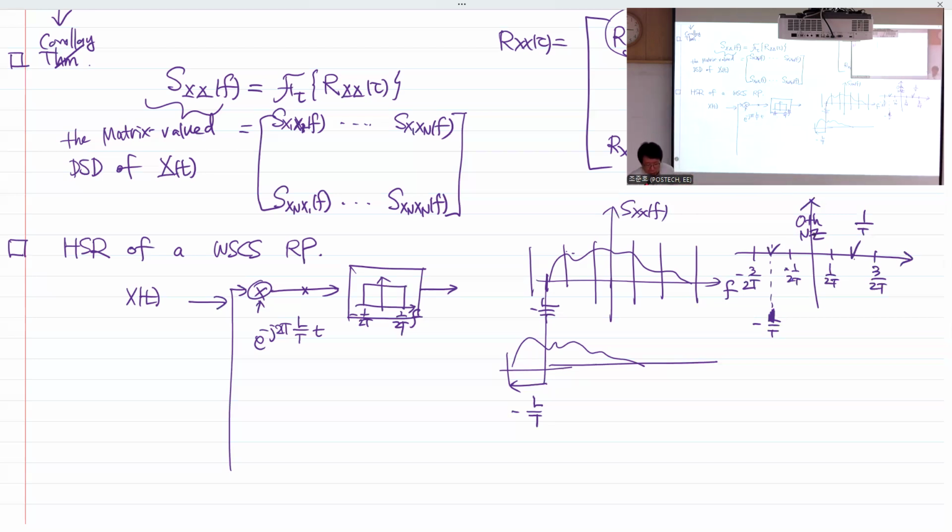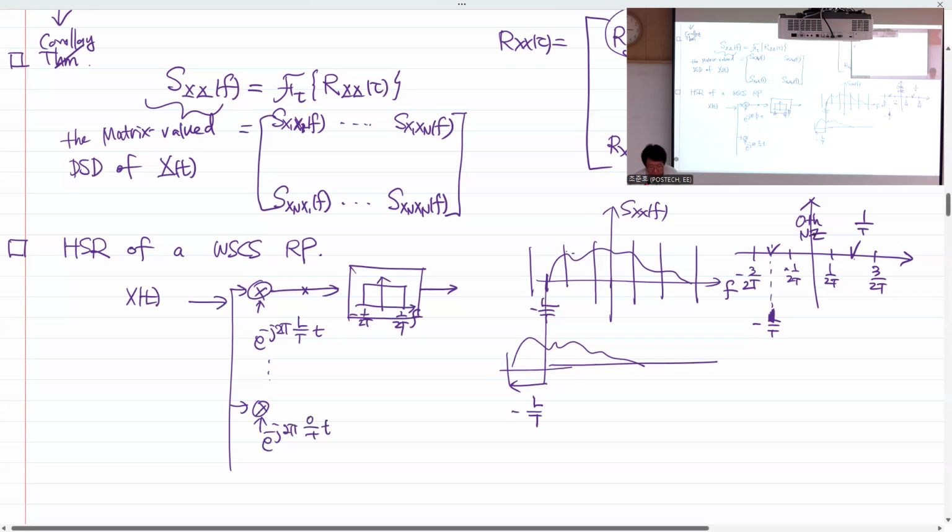Got it? And you have e to the negative j 2 pi 0 over T. So actually, you don't modulate. And here you have the ideal low-pass filter with the Nyquist zone as the passband.